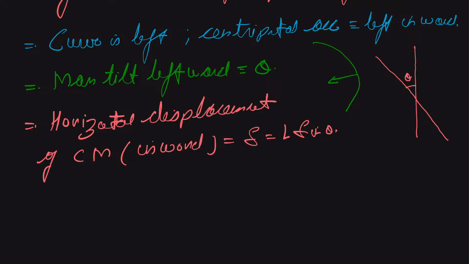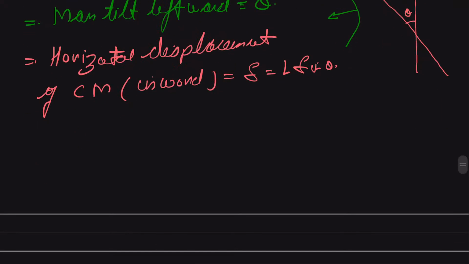So we get this will be equal to L sine of theta, and the vertical height of this center of mass, let us suppose that is our H, will be equal to L cos of theta.